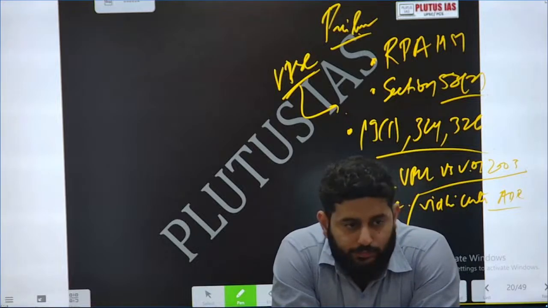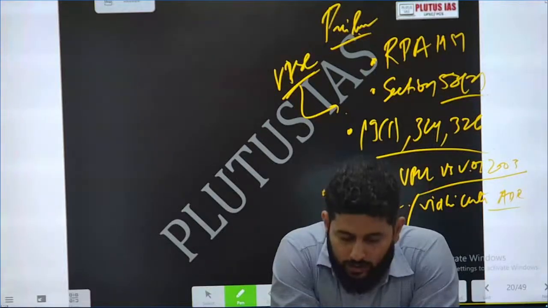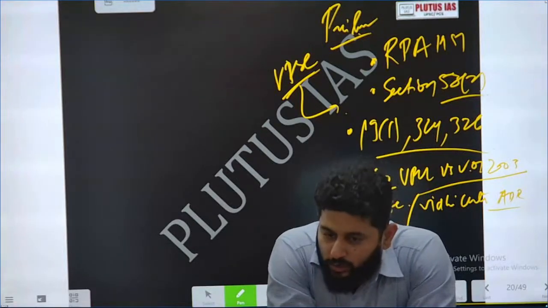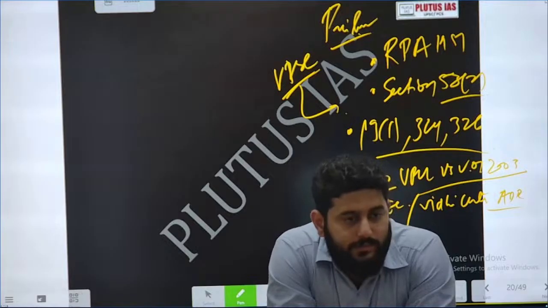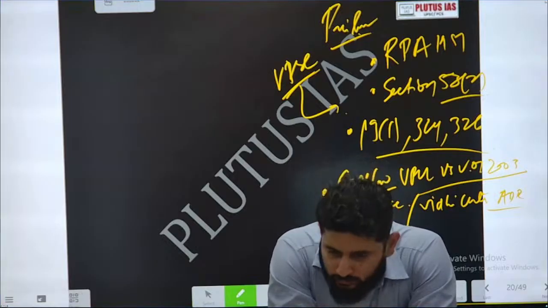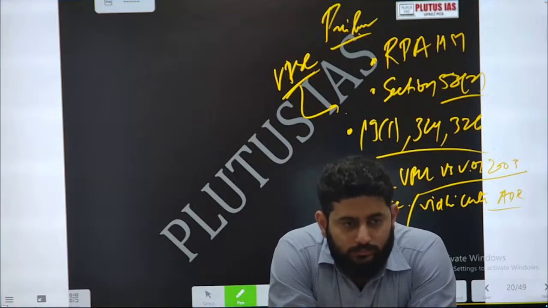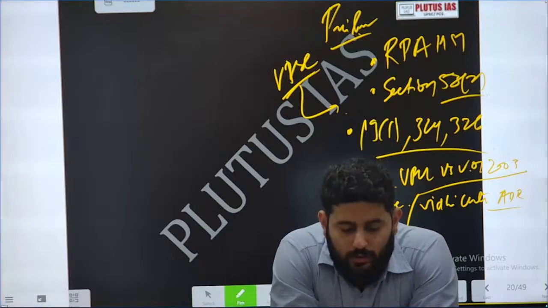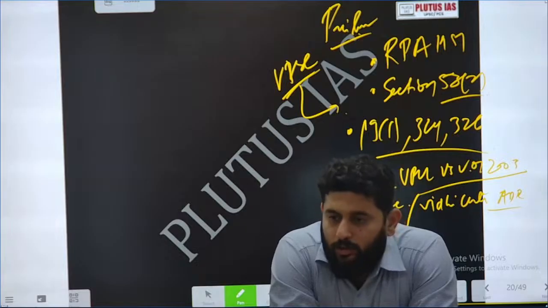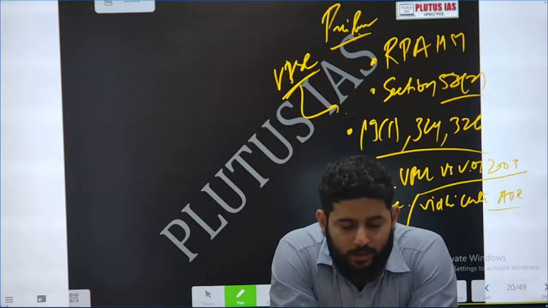Now the reform angles from the mains perspective are electoral reforms, voter awareness, legislative clarity. So these are all connected directly to your UPSC CSE. Now let's connect.